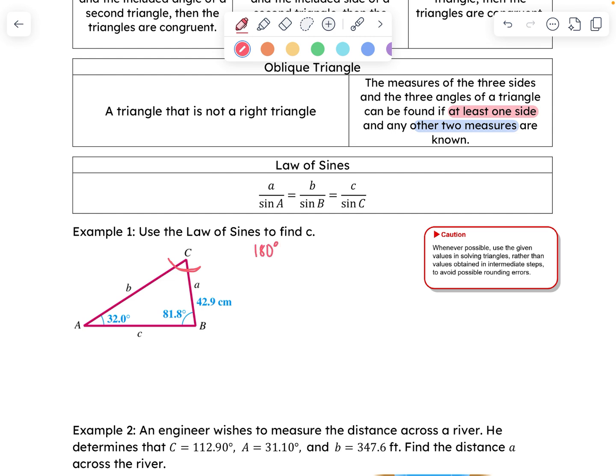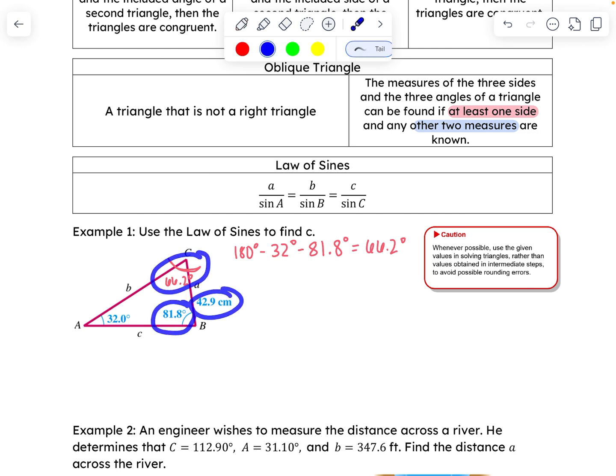So I'm going to do 180 degrees minus that 32 degrees for angle A minus my 81.8 degrees for angle B. I use my calculator to help me, 180 minus 32 minus 81.8, and that gets me 66.2 degrees. And now I've got my angle, side, angle.